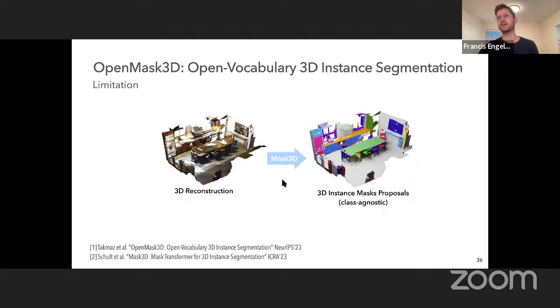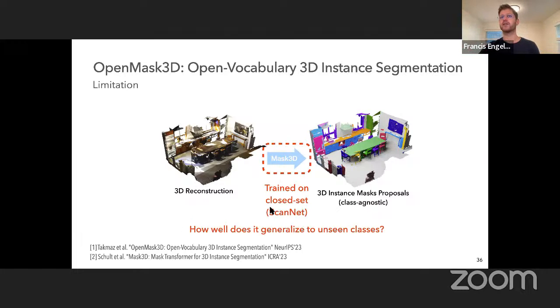Now, you can say you want open vocabulary segmentation, a method that can segment any kind of objects. However, the segmentation method, the first step in the approach, is based on a closed set, here for example ScanNet. So one could say that since you trained on a closed set, your segmentation method can only predict masks for objects that are already known.